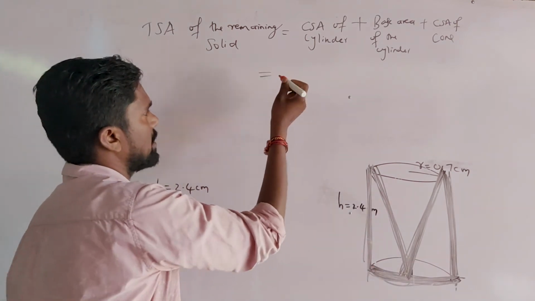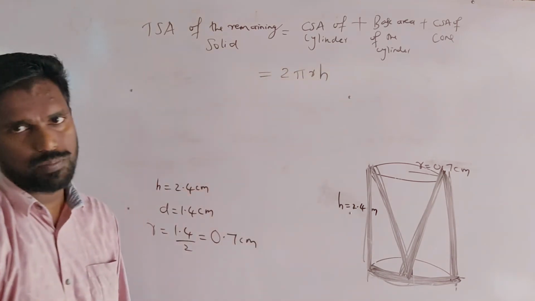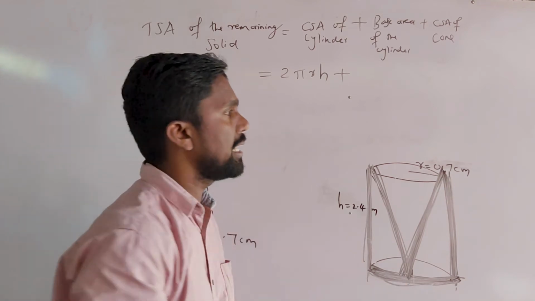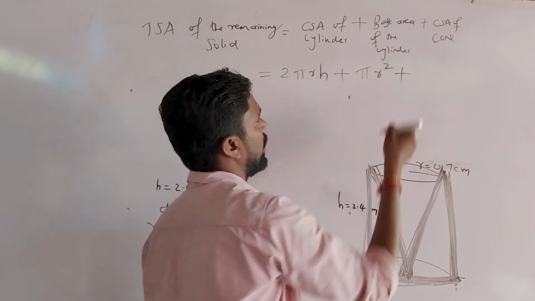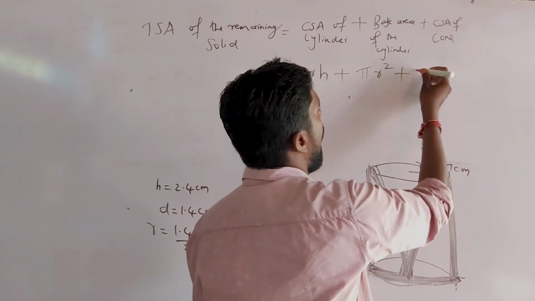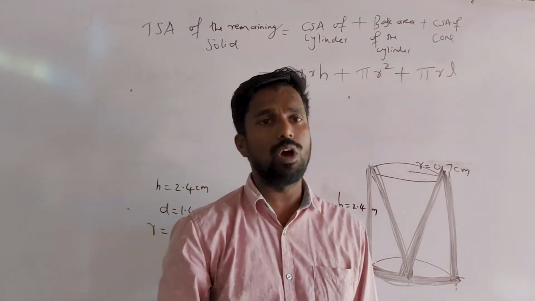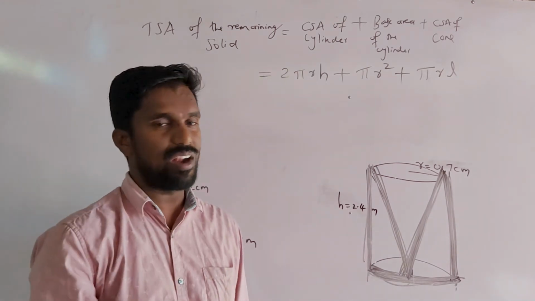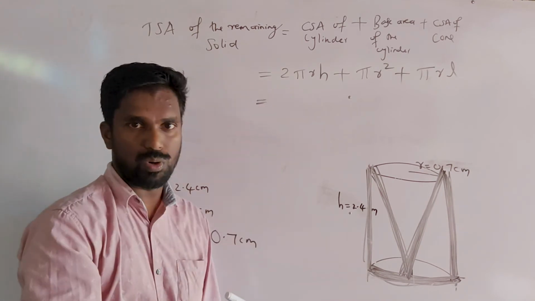CSA of cylinder, we already know, is 2 pi r h. Base area, cylinder base means circle, circle's area is pi r square. CSA of cone is pi r l.